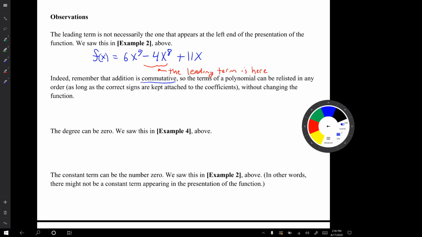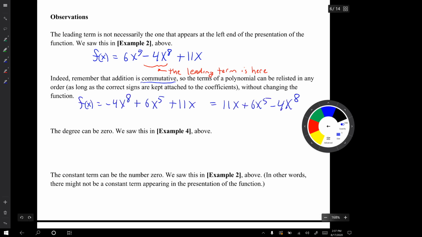So this function f of x that's written with the leading term second in the list could be rewritten this way. So there are a bunch of different ways we can reorder the terms of that polynomial, and it doesn't change the function at all. So in all three of these presentations, the leading term is negative 4x to the 8. And again, the degree can be 0, as we saw in example 4.